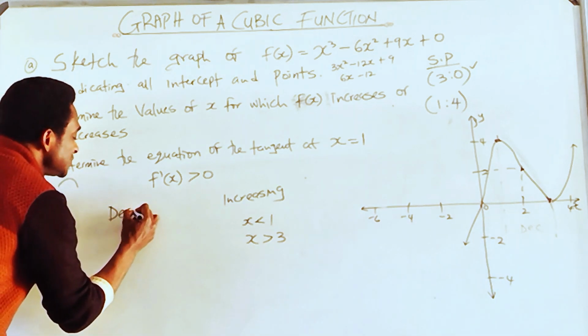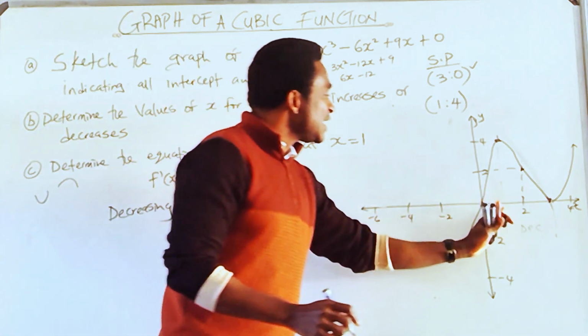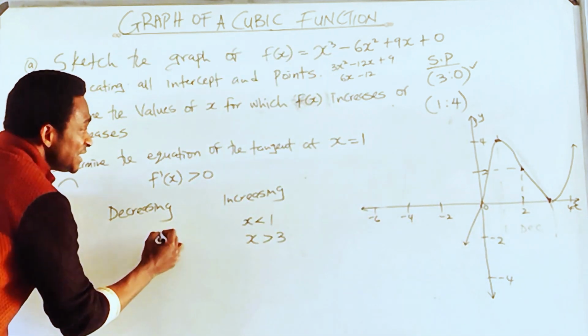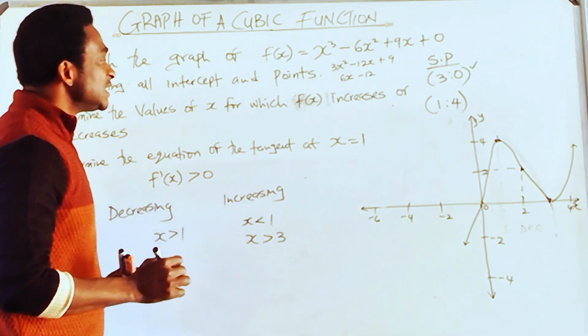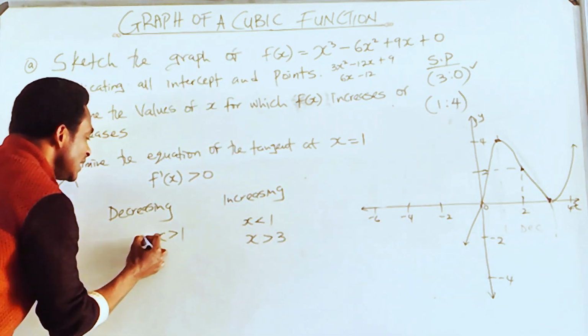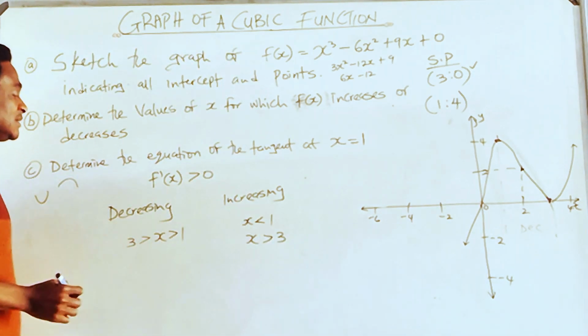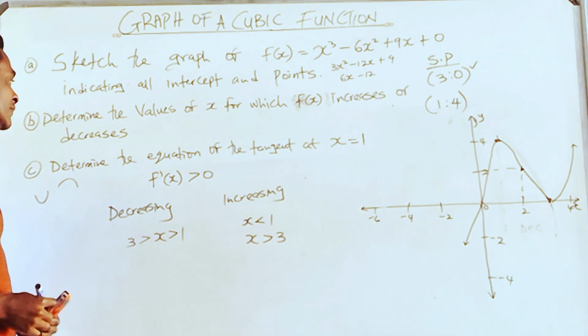For the decreasing function, we have from here to here. So we say x is greater than 1, and it will stop at 3, so x less than 3. That's where we will have our decreasing function.